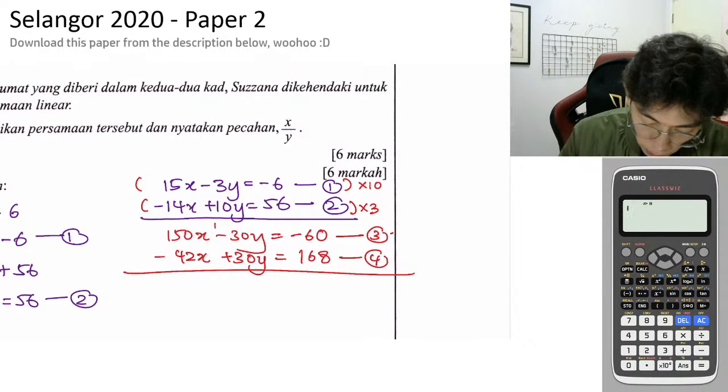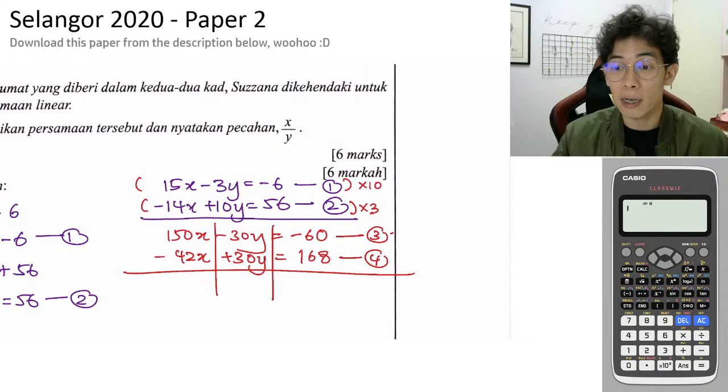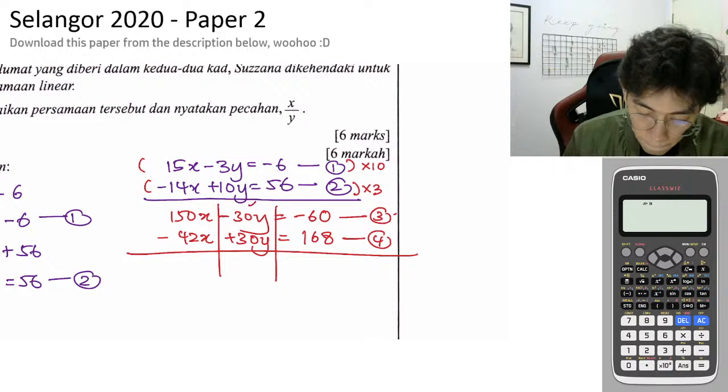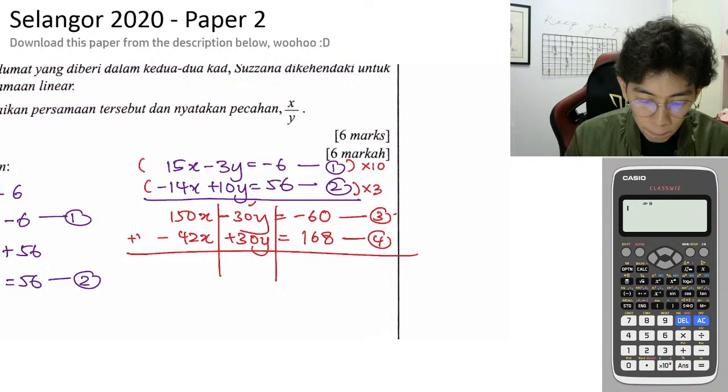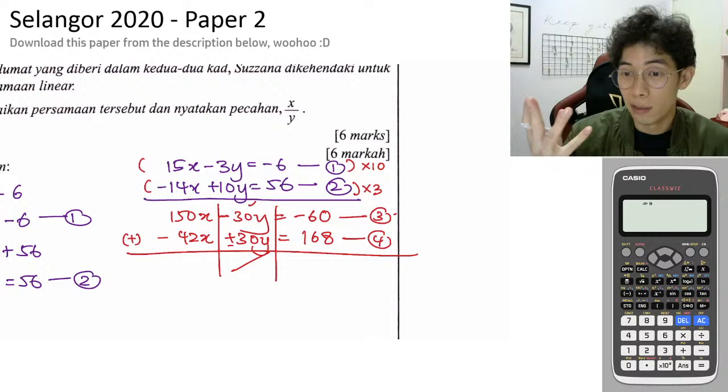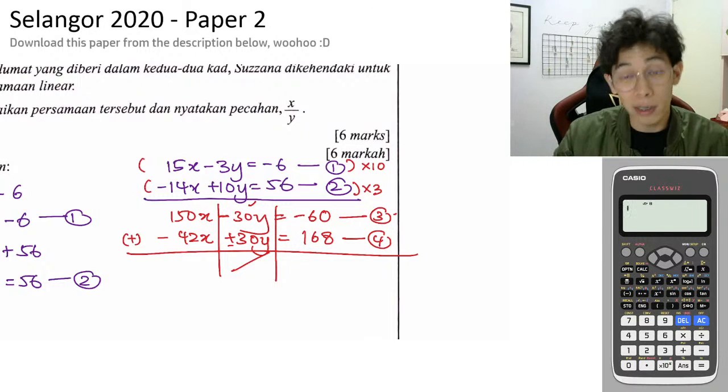Everyone, separate a bit. Elimination comes in. These two: minus 30y plus 30y. You add them so that it becomes nothing, right? You get nothing. And of course now you can do your x.